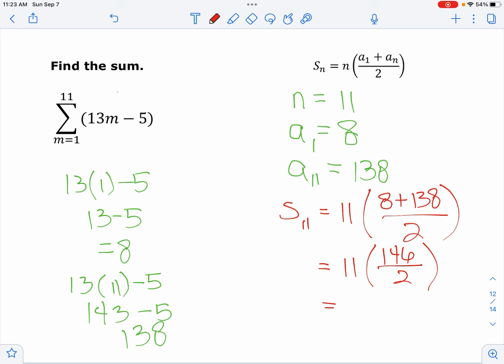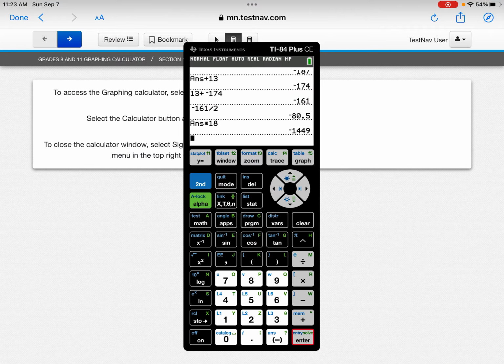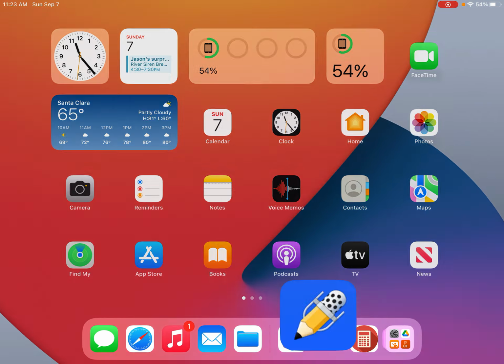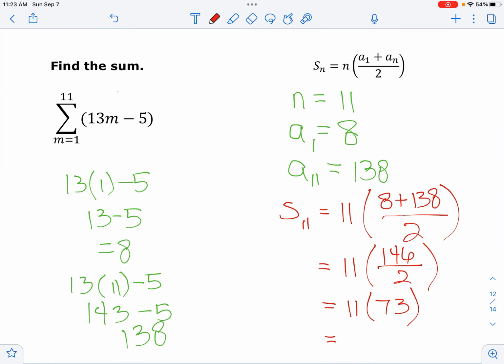Okay, so we're going to do 146 divided by 2. 146 divided by 2 should give us 73. And then you might want to type that into your calculator, 11 times 73. We get 803. So this is 803.